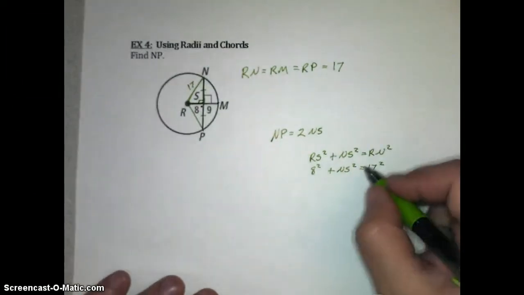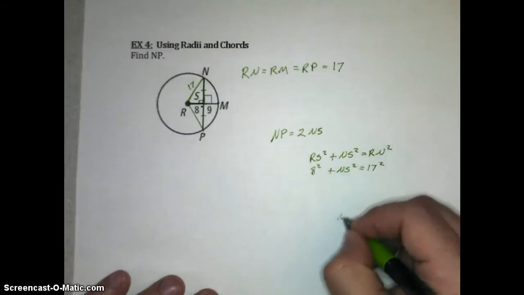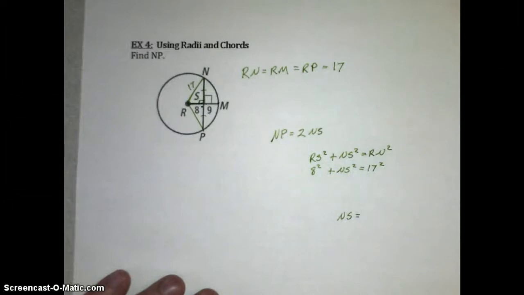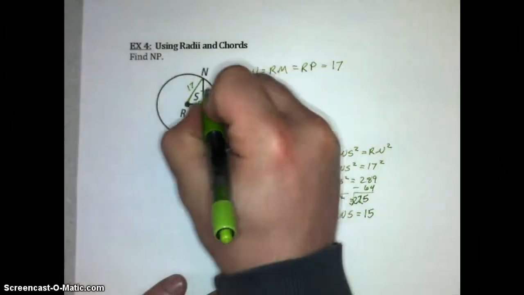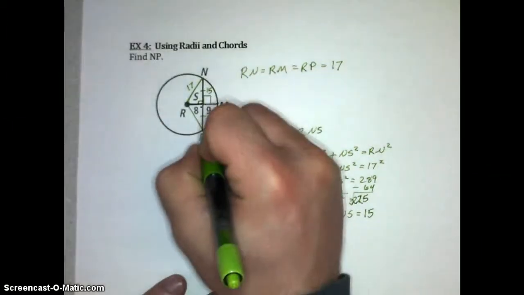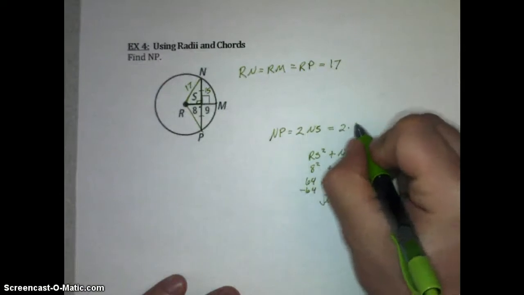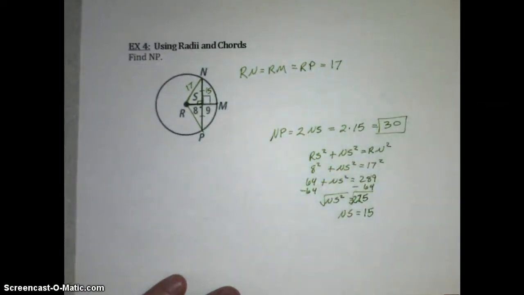So take a moment or two and pause the video and solve for NS, and then we'll plug that back in to find NP. Alright, here's what we should get. NS gets us 15. So if NS is 15, PS is also 15, or NP is 2 times 15, which is 30 units.